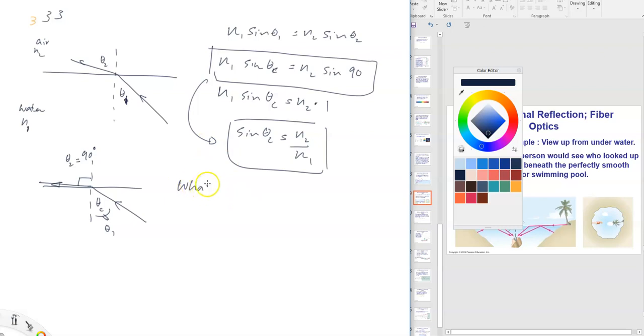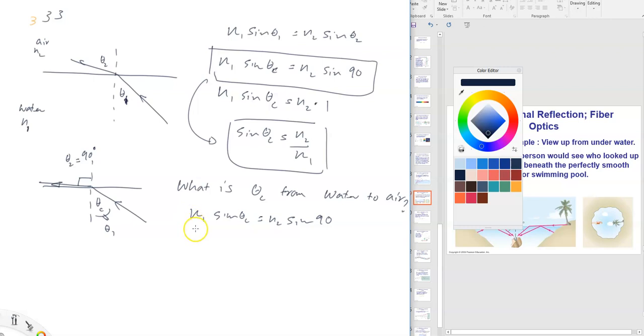What is theta c from water to air? We'll start here. N1 sine theta c equals N2 sine 90.